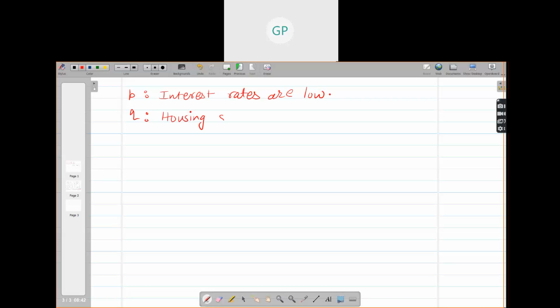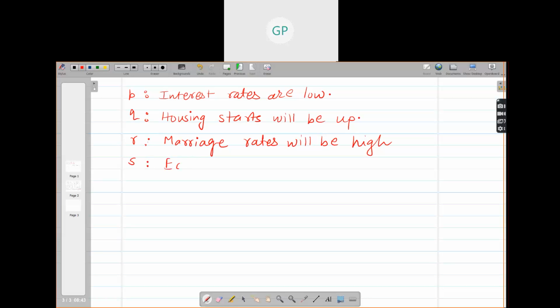Housing starts will be up. Okay, this is another statement we are making. Then we can have R: marriage rates will be high. And there is one more. What is that? Whenever interest rates are low, the economy is good.